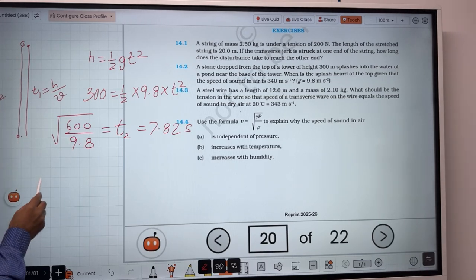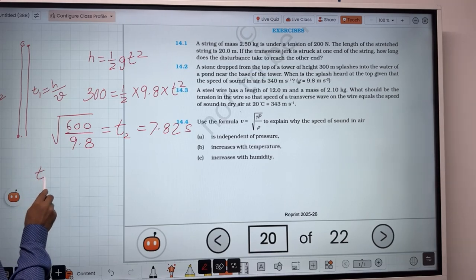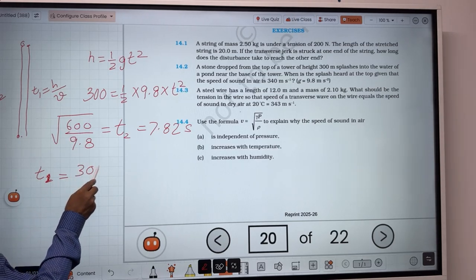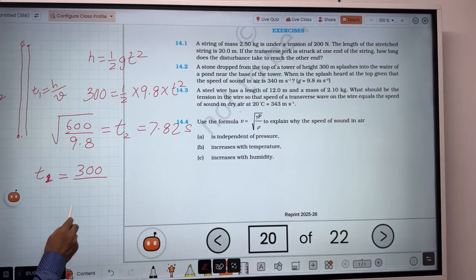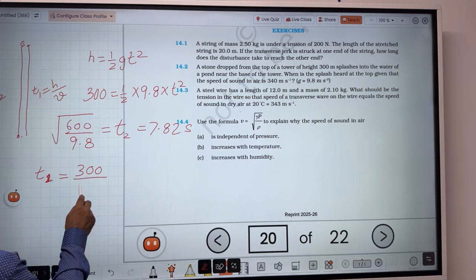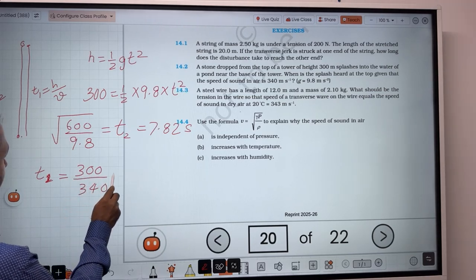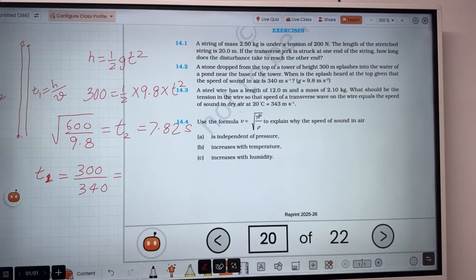Now, again, we have to find out the time that sound takes to travel the same distance. So t1 will be equal to how much? It will be equal to 300 divided by speed of sound, and that is given as 340. We can evaluate.